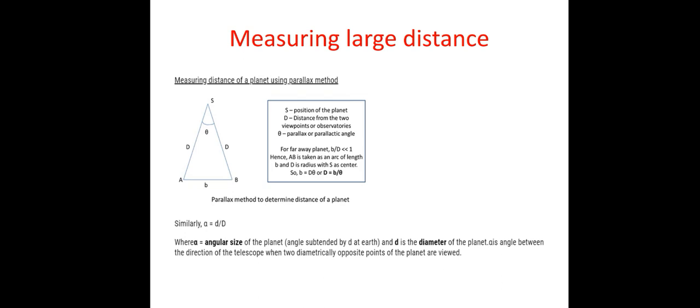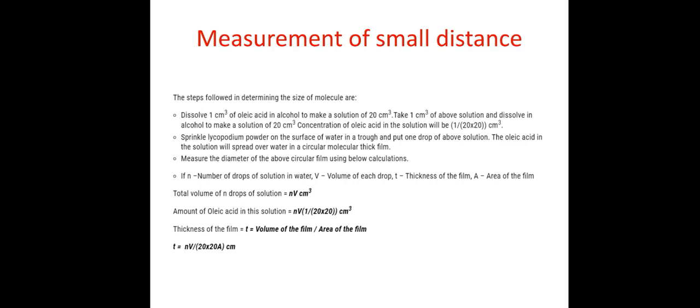Similarly, the angular size is equal to the diameter of the planet divided by the distance between the opposite points as it is viewed. All right. Now measurement of smaller distances.